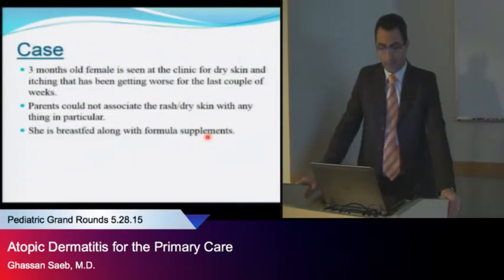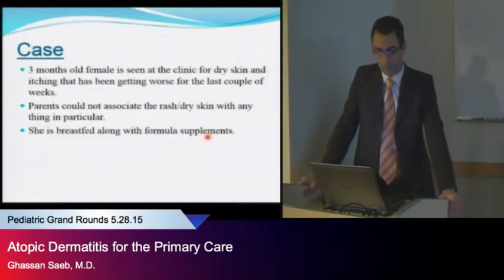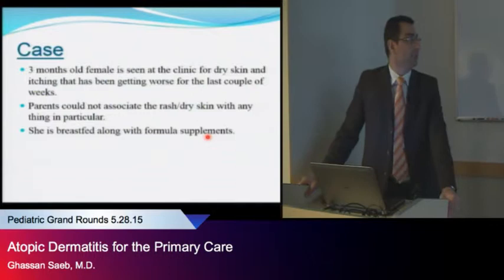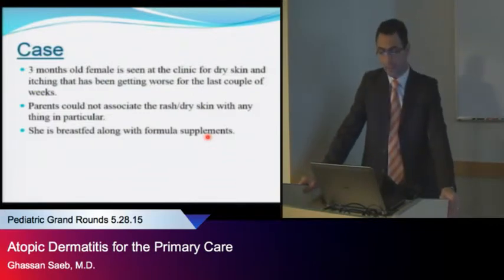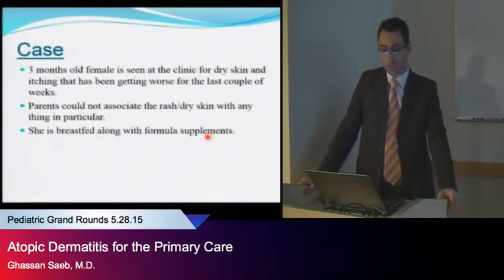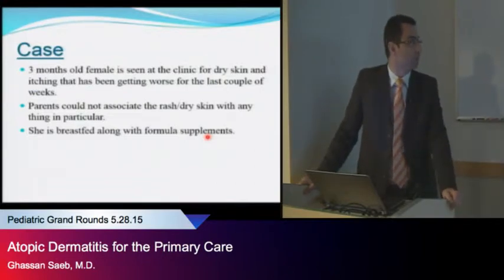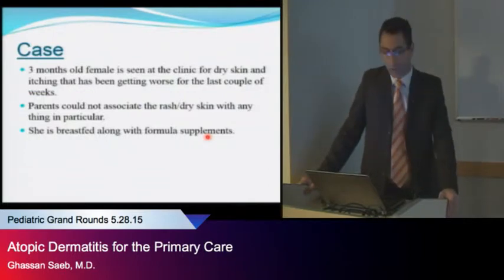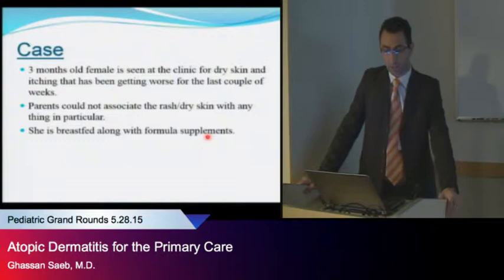I'll start with the case. A 3-month-old female is seen at my clinic for dry skin and itching that has been getting worse for the last couple of weeks. Parents could not associate the rash, the dry skin, with anything in particular.